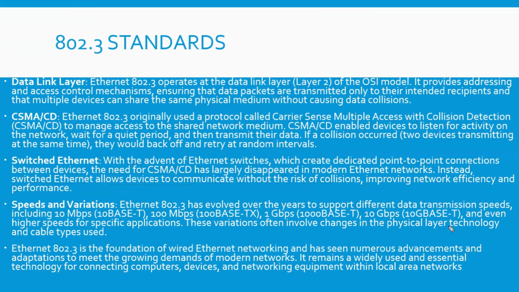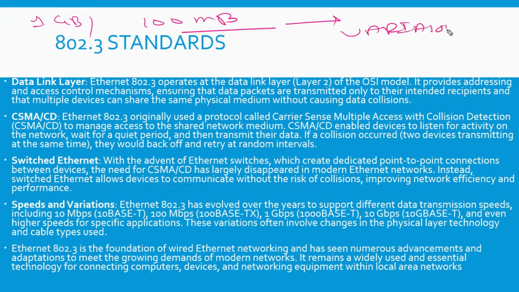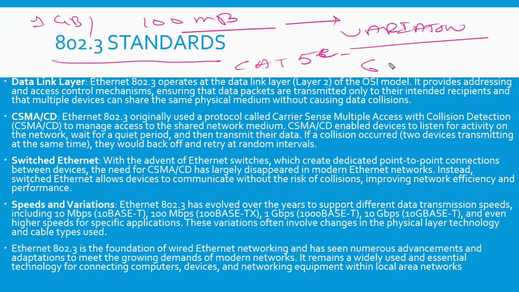Speed and variations. You have heard about how much internet speed you have: 1 gig internet speed, 100 MB internet speed. These speeds and variations fall under the 802.3 standard. You may have a cable like Cat 5e, which is still being used nowadays, Cat 6, 6a, and 7.